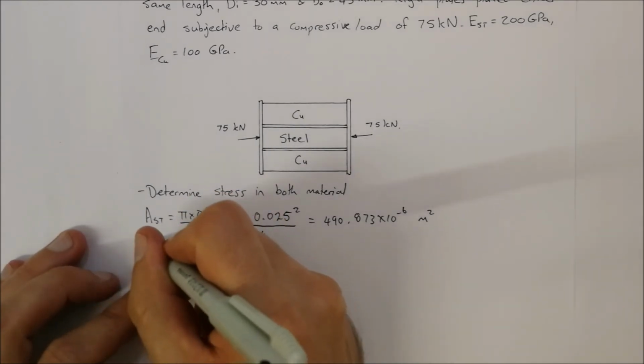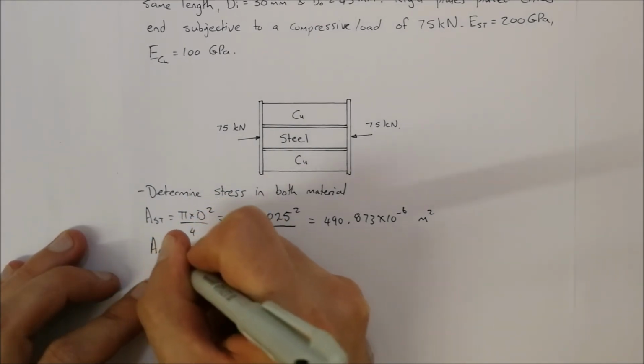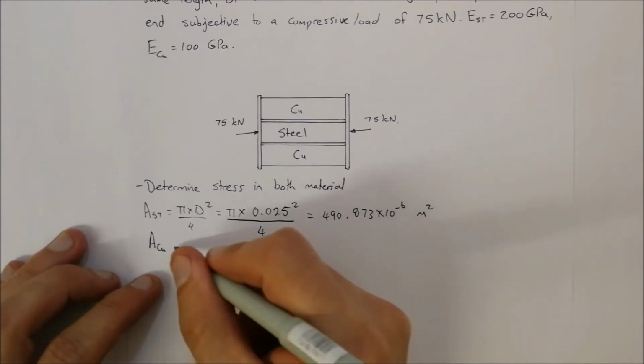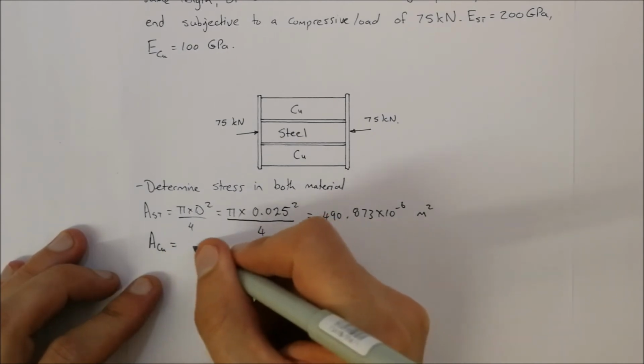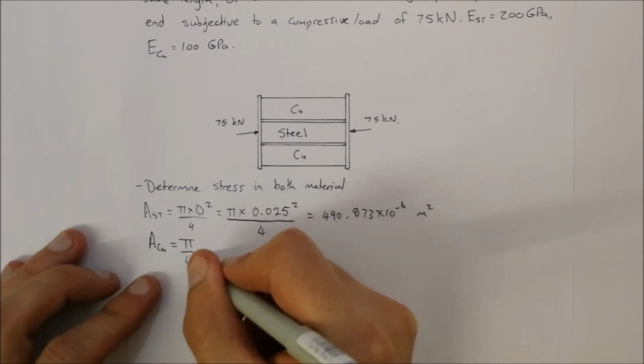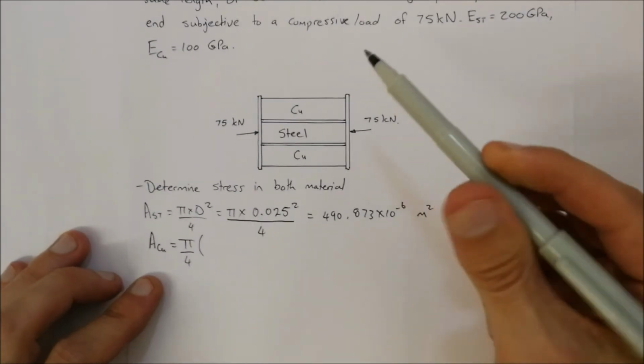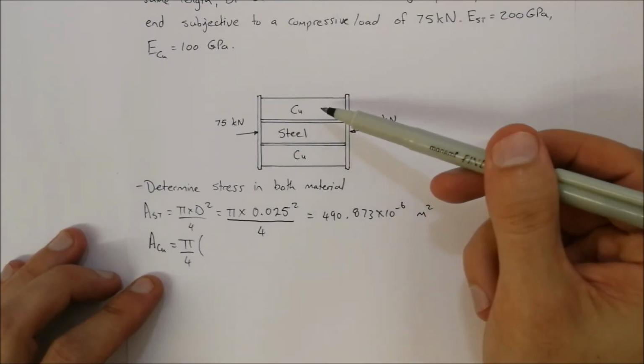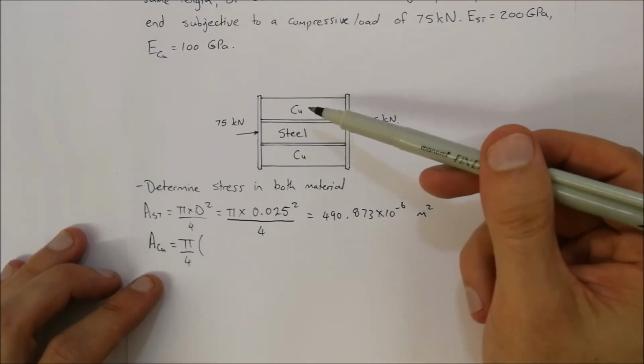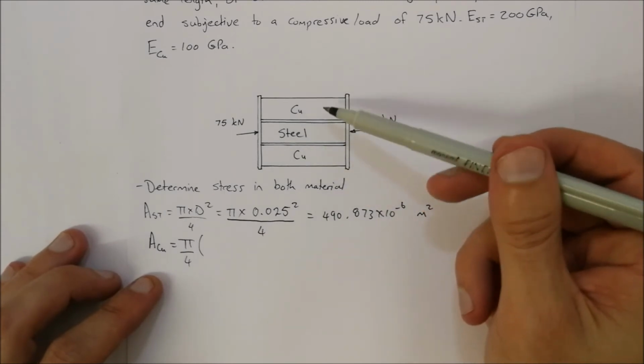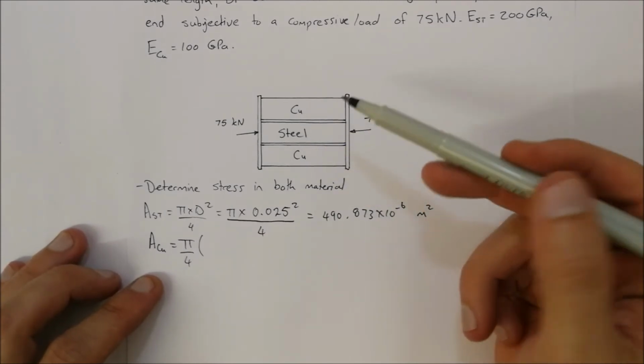Okay, let's look at the cross-sectional area of the copper. Again, pi d squared over 4, so that's pi over 4 multiplied by, now keep in mind, it's a tube. So we need to basically say what's the outside diameter minus the inside diameter.